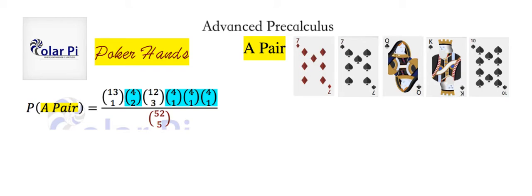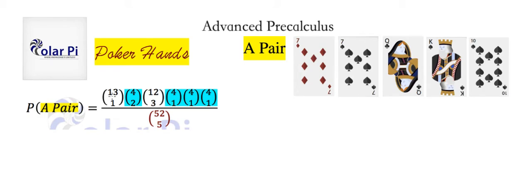But it could have been a queen of hearts, or it could have been a queen of diamonds. So 4 choose 1 is equal to 4. So you've got 4 possible choices for the suit of this card, and 4 possible choices for the suit of this card, and 4 possible choices for the suit of this other card. And so that's what the numerator looks like. I think I've sufficiently explained it. So let me know if you have more questions.